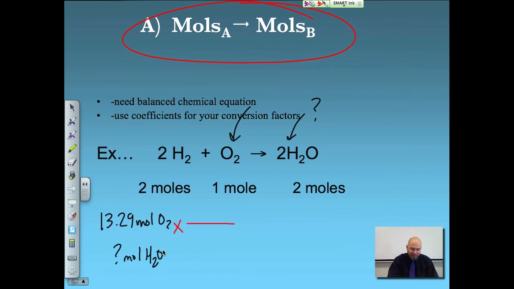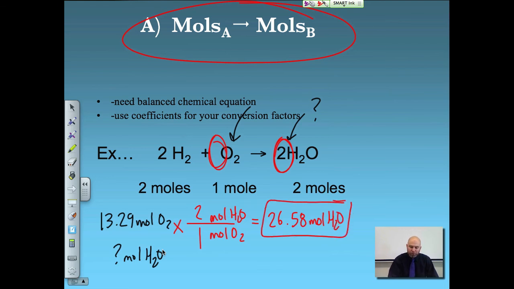Again, just X line, moles O2, moles H2O. The coefficient for O2 is 1. The coefficient for H2O is 2. We're going to multiply. I suppose I could do that in my head. 13.29, that would be 26.58 moles of H2O would be produced if you had 13.29 moles of oxygen.